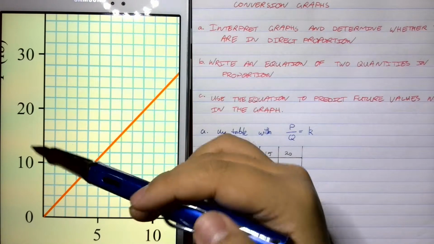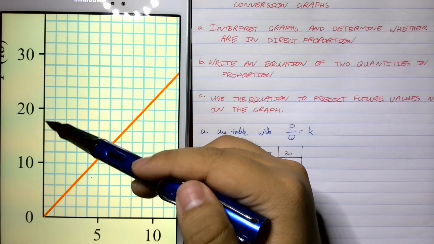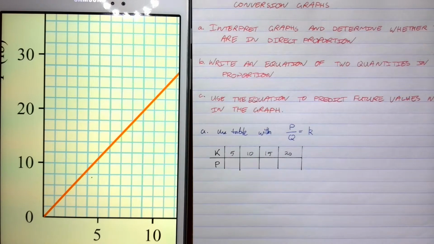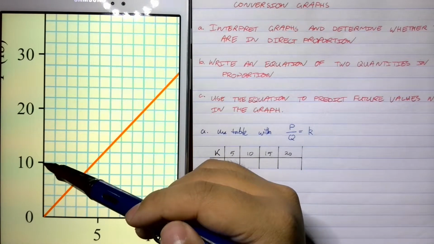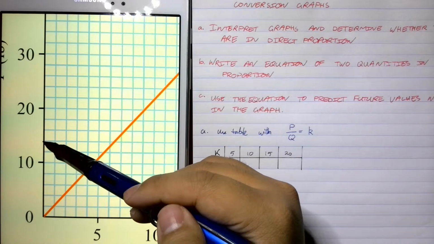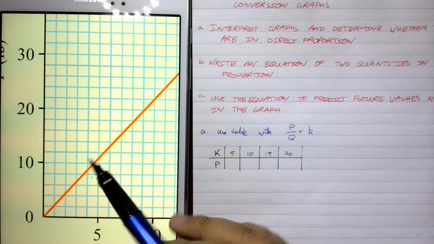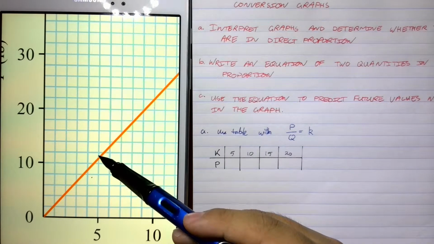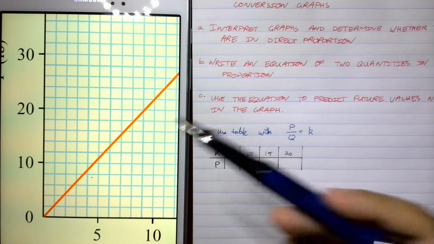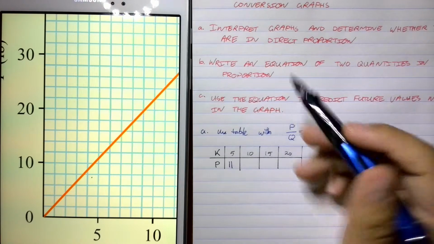So first we determine how much this goes up by. There is 1, 2, 3, 4, 5. And if you do some quick calculations, you can see that each box is worth 2. So 2, 4, 6, 8, 10. Since that point there is 12, this is about halfway. This will give us 11 pounds.